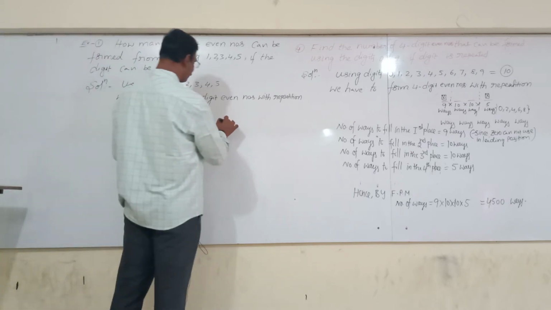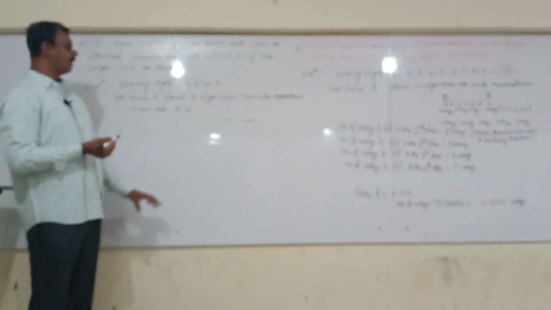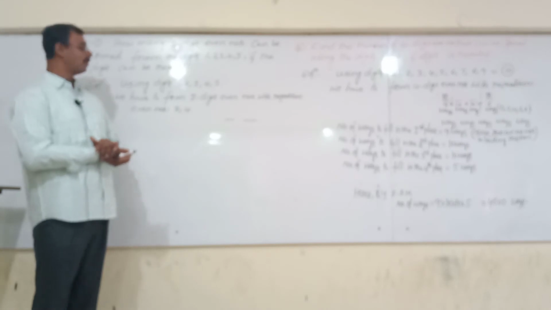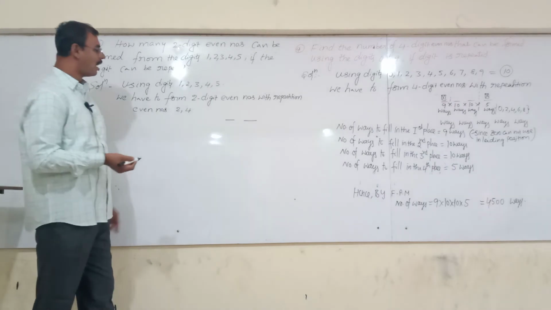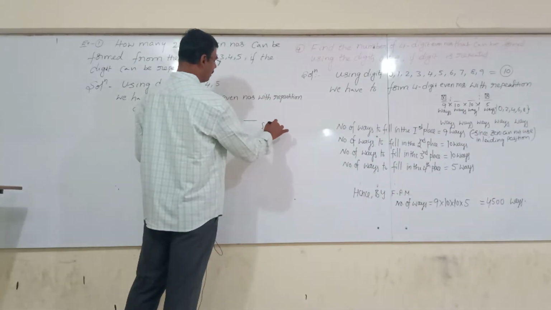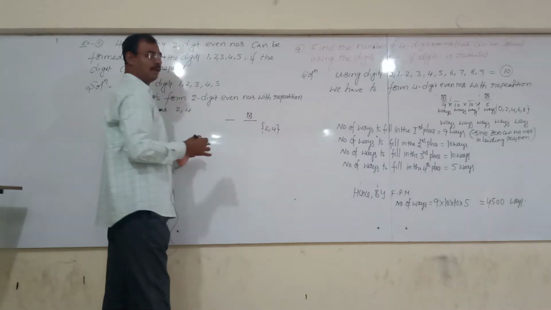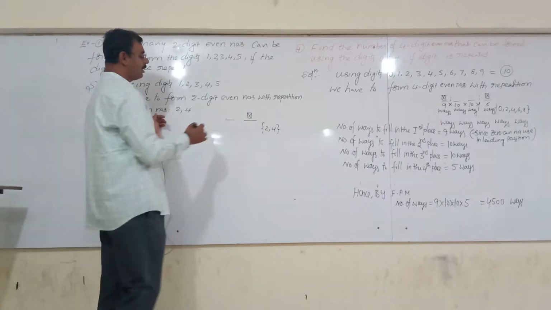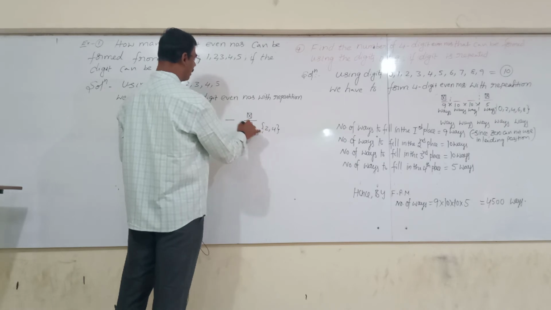So let us create two positions. In the unit place, which digits are allowed? Either 2 or 4. How many ways can I fill the unit place? There are only two possibilities, so I can fill it in 2 ways.